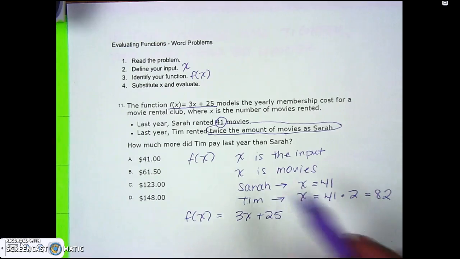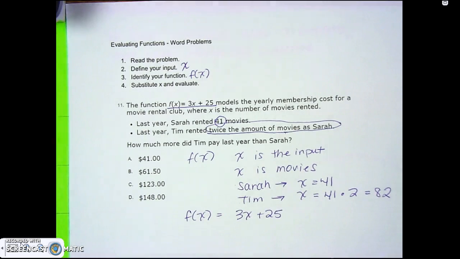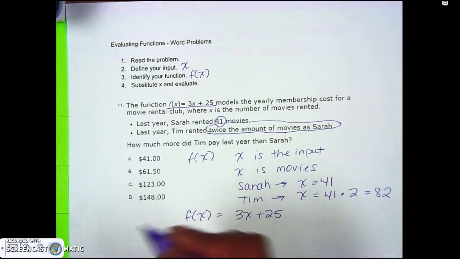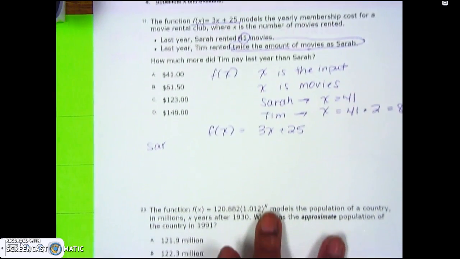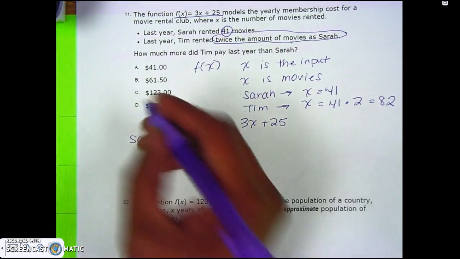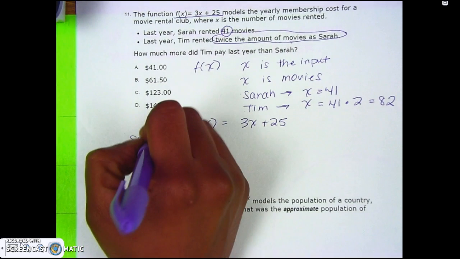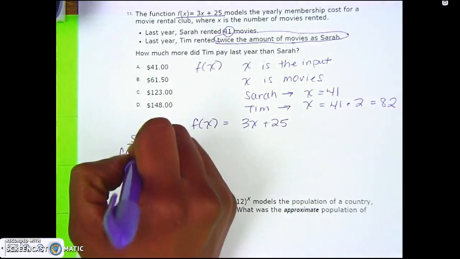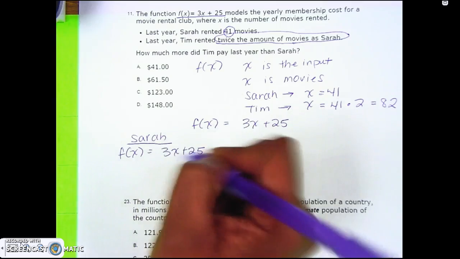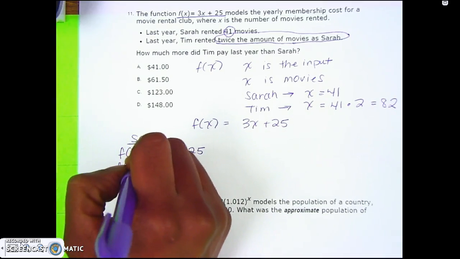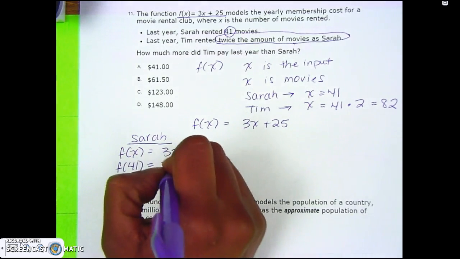Now we need to substitute x and evaluate. Since we have two people here, Sarah and Tim, we're going to have to do it twice. So for Sarah, using f of x equals 3x plus 25, we're going to substitute 41 for x.